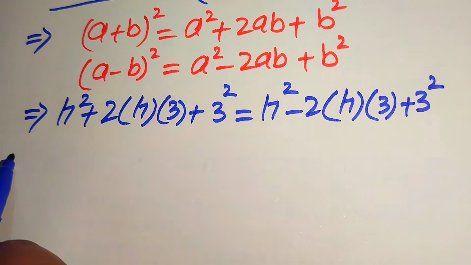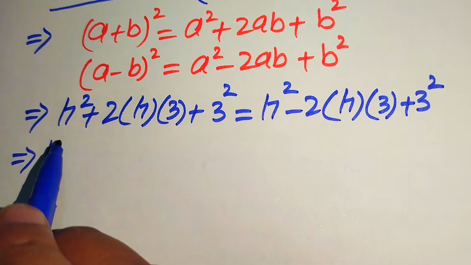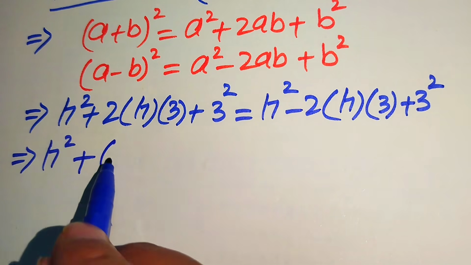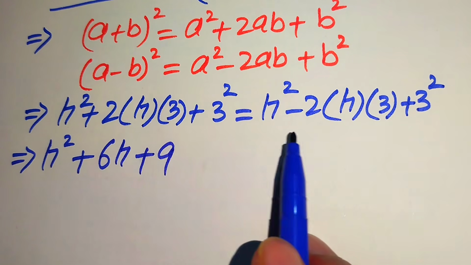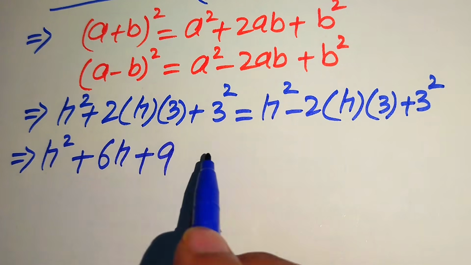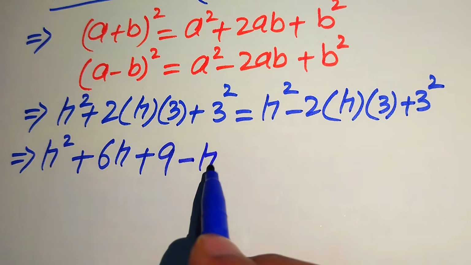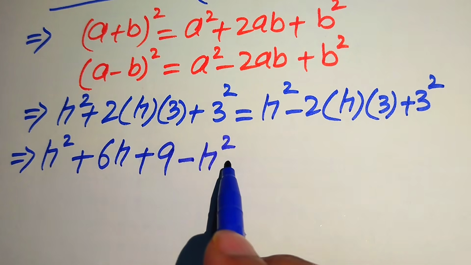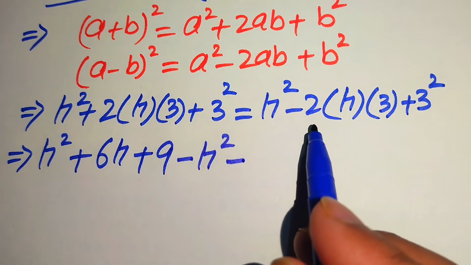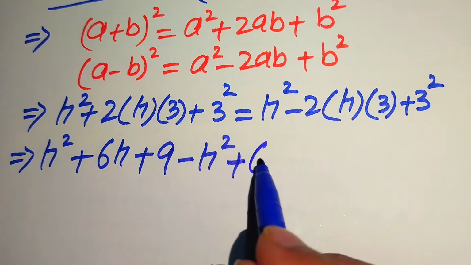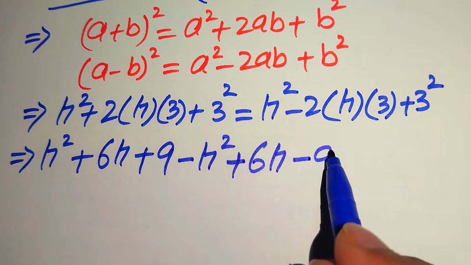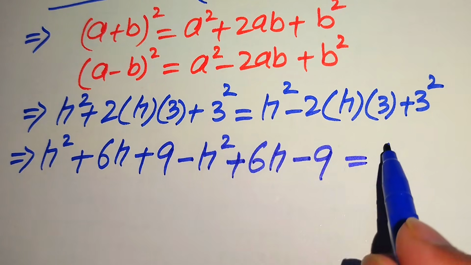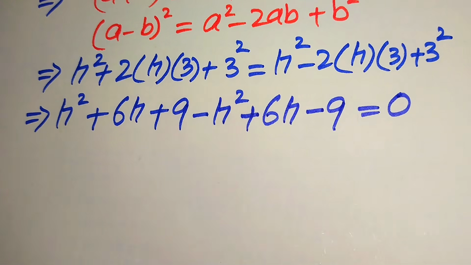Further, we need more simplifications. It will be written as h square plus 2 times 3 becomes 6h plus 3 square becomes 9, and we move all the terms from the right hand side to the left hand side, and it will become minus h square, minus 6h, and minus 9, and this whole equation is equal to 0.